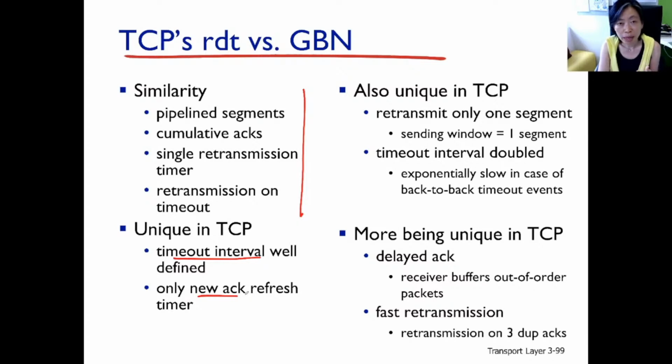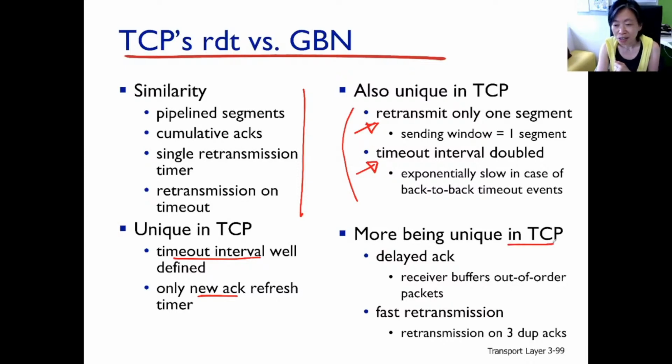When there is a duplicate ACK, the timer does not get refreshed, unlike in Go-Back-N. TCP is also not only doing reliable data transfer, it also does congestion control, flow control, and everything else. Therefore, we see that when there is a timeout, the retransmission window is only dropped to 1, and the timeout interval could be doubled.